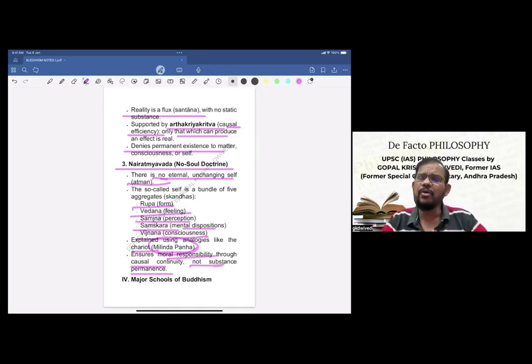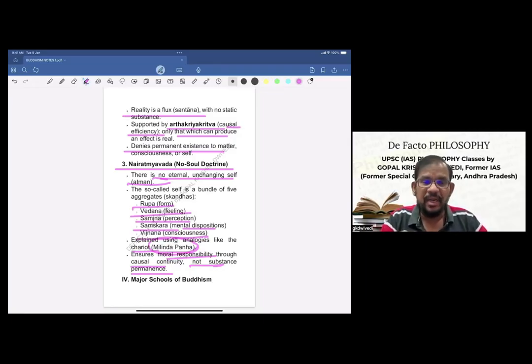Now, this is a negative point also, which is raised by many critics of Buddhism. When there is no permanence of soul, how will moral responsibility be there? Because Buddhism says, at this moment you are something else, next moment you will be something else. So how will moral responsibility come up? Because moral responsibility requires that the same person, same self or same soul continues to do the work as well as feel the result.